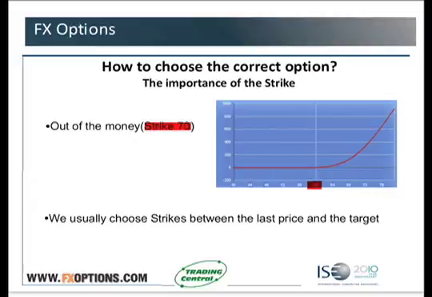But an option, and a call especially, has not only an intrinsic value but also an extrinsic value, which is linked to the time remaining until the expiry of the option. Because there is still time available for the option to be in the money, there is a value attached to this time.